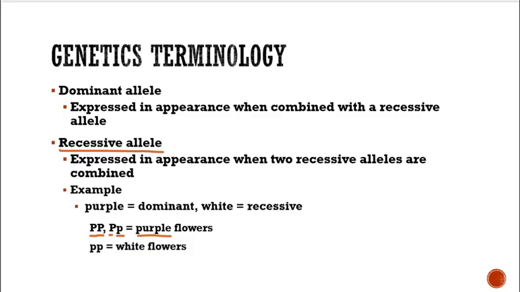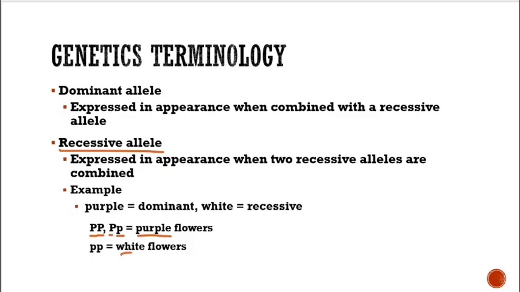This is the one that is not expressed when it's combined with a dominant allele. So when the dominant is present, the dominant allele is the one that you're going to see. It's the trait of that character that you'll see. So therefore, the flower will be purple.